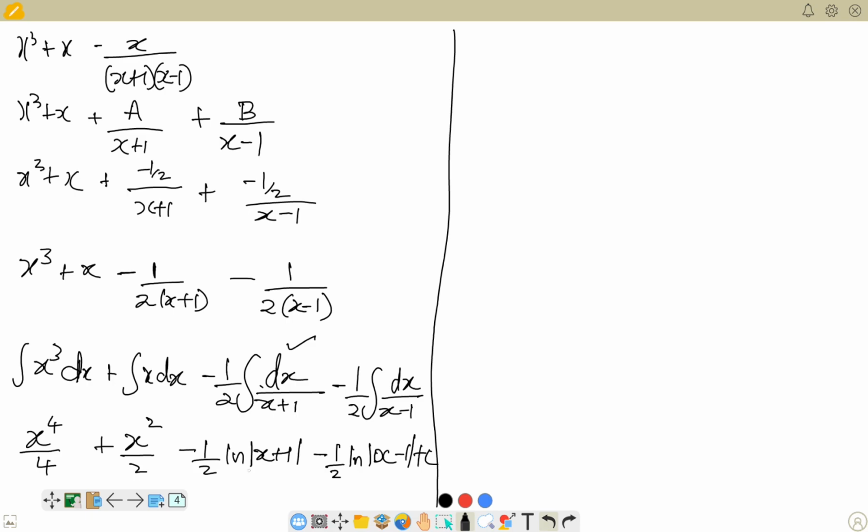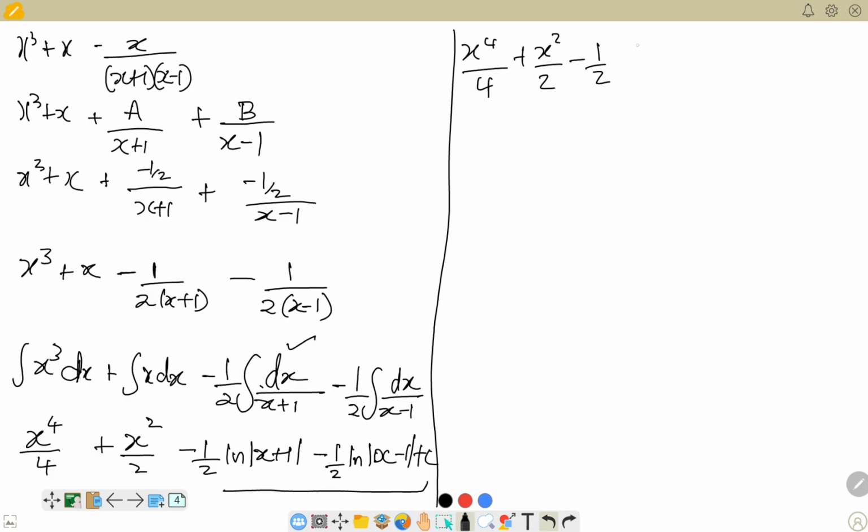We can simplify this if you want. Then we end up having x to the power 4, and actually you should simplify, because most questions will say leave your answers in their simplest form.